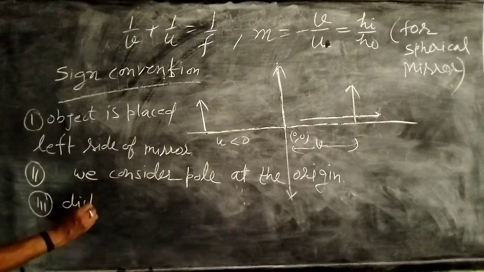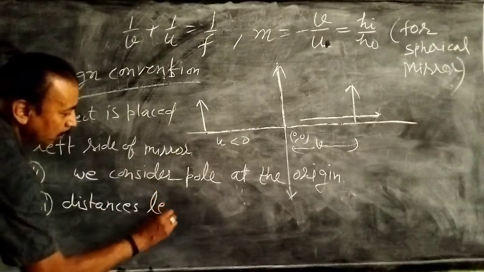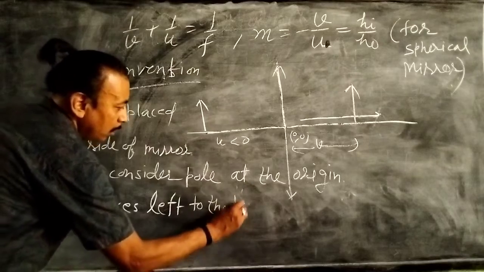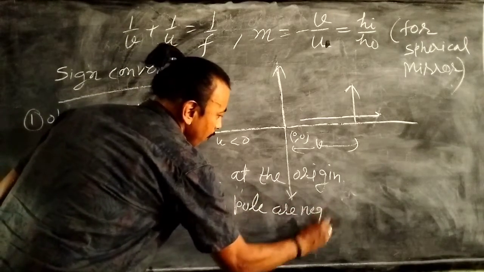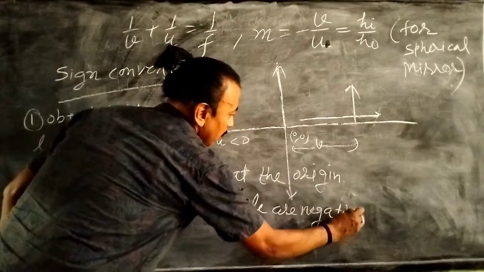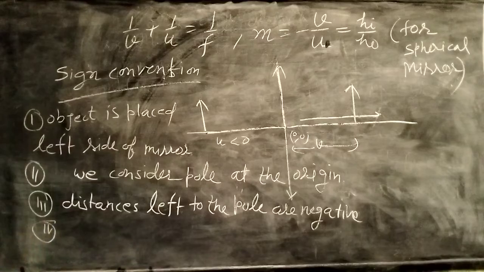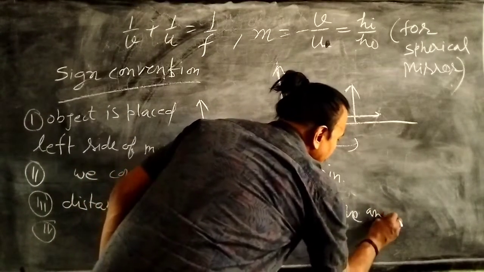Distances left of the pole are negative, and right positive.